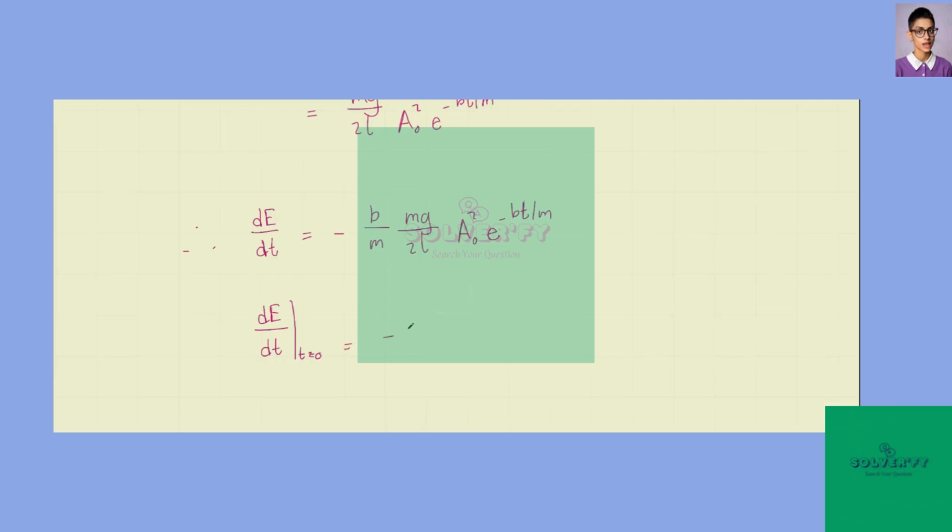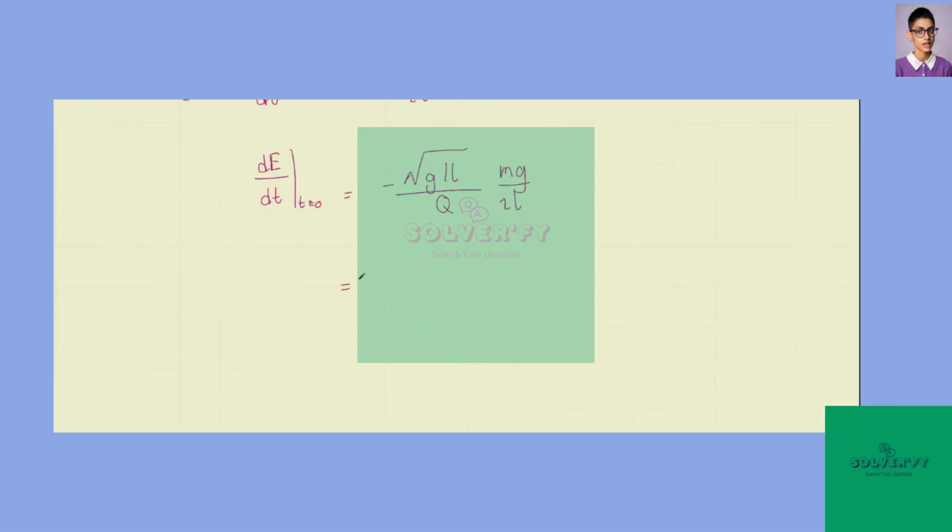We get this to be minus the square root of g over L divided by Q times mg over 2L, which is simply m times A naught squared over 2Q times g over L to the power of 3 over 2. So if we substitute our values into this, we can find this initial energy loss rate.